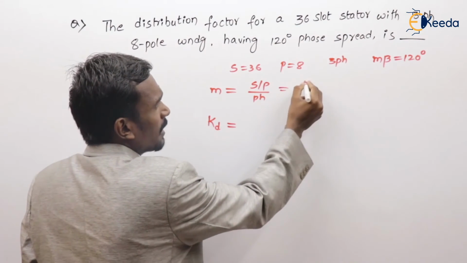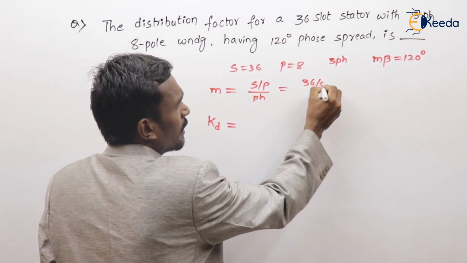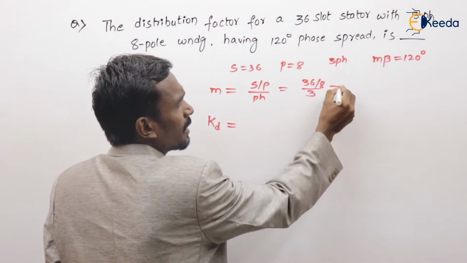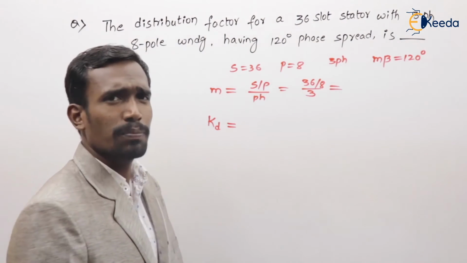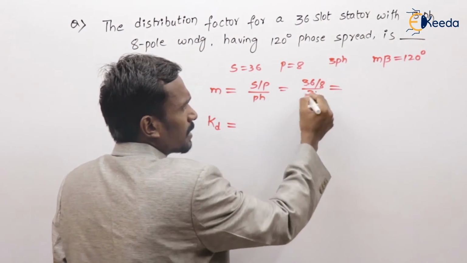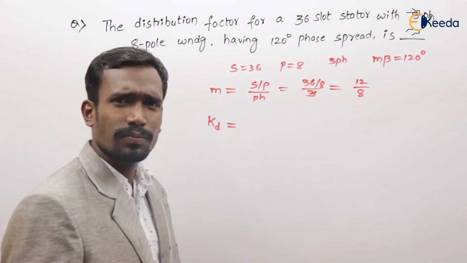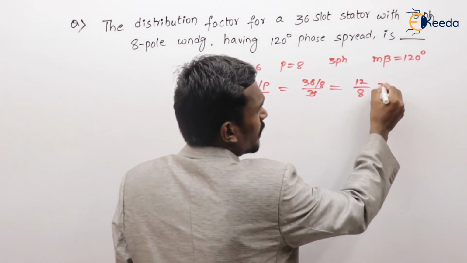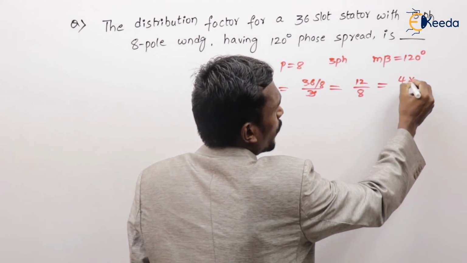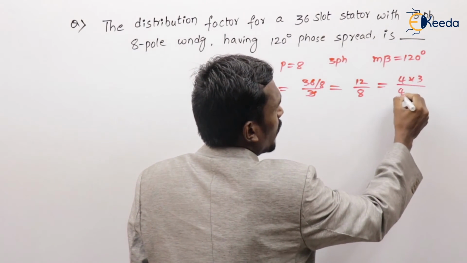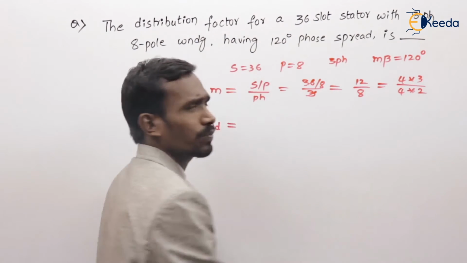So what is the answer? 36 by 8 by 3, nothing but 12 by 8. 12 by 8 can be written as 4 into 3 divided by 4 into 2.